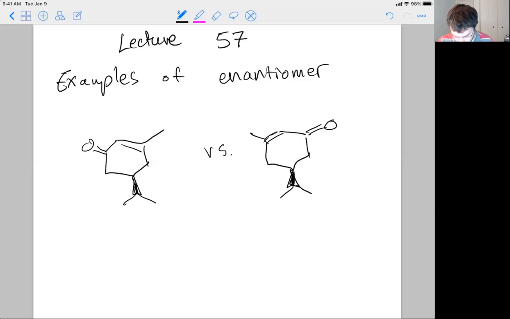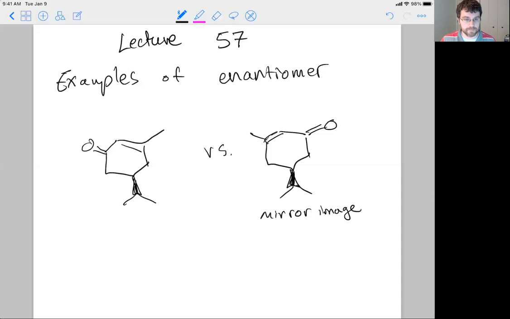When we draw the mirror image, the wedge stays as the wedge, but if we keep the orientation the same, we could actually flip the wedge to a dash, and that would also give rise to the enantiomer. So we have the enantiomeric depiction by showing the mirror image.